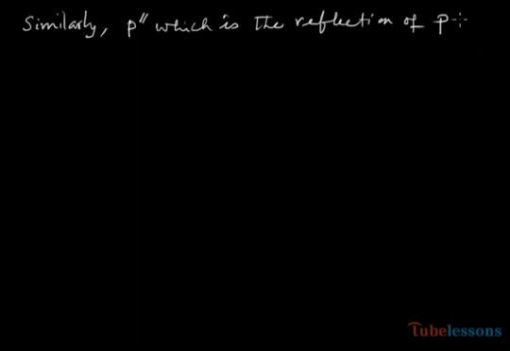Similarly, we consider a point P double dash, which is the reflection of P. Now, if you want to locate this one, first draw the x-axis and y-axis.